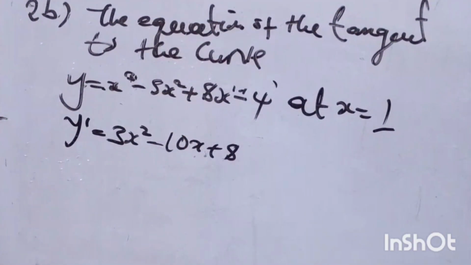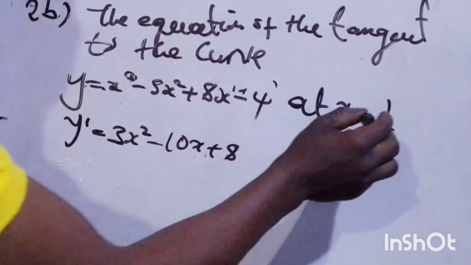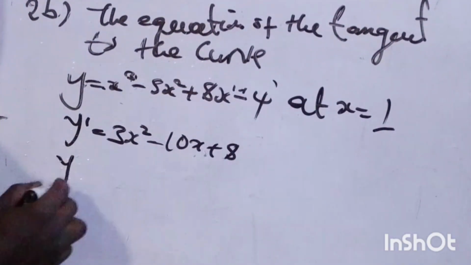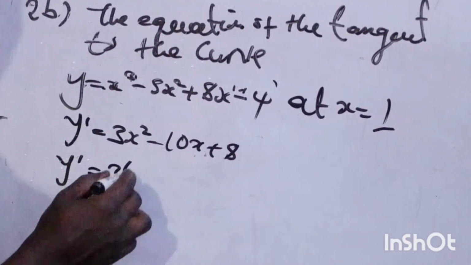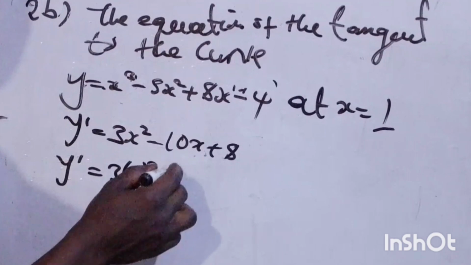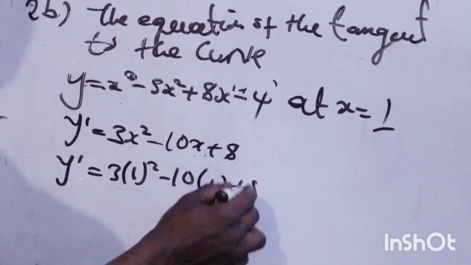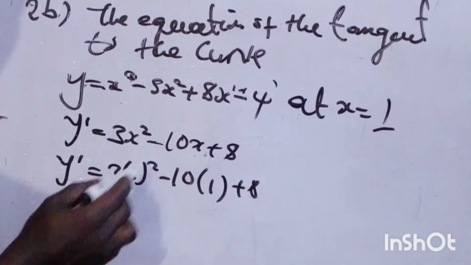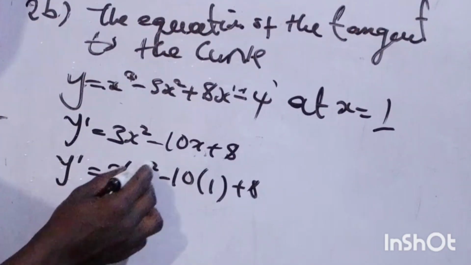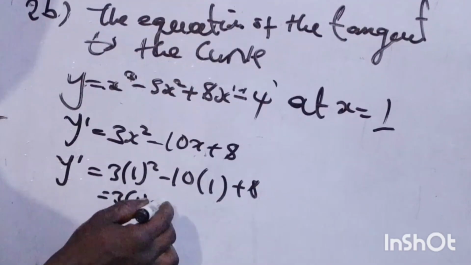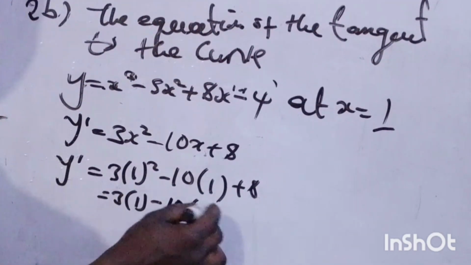So now we are going to plug in this one which we have here. So y prime should be equal to 3 open bracket 1 squared minus 10 open bracket 1 plus 8. 1 squared, we are going to have 3 open bracket 1 squared, it is 1, then minus 10 times 1, which is 10, plus 8.